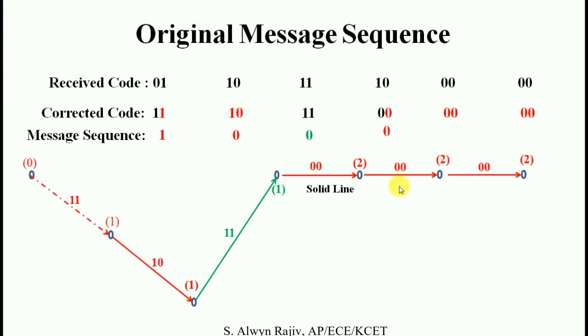Next is also a solid line, representing 0. Next is also a solid line, representing 0. Here the message sequence is 1 0 0 0 0 0. This is the original message sequence that was transmitted.